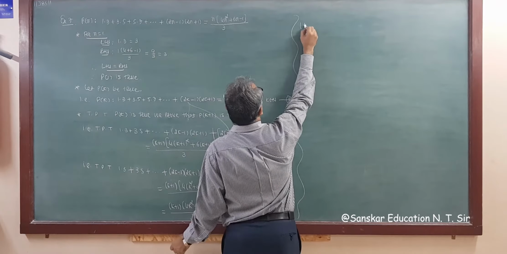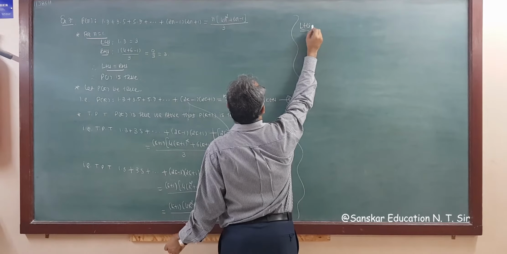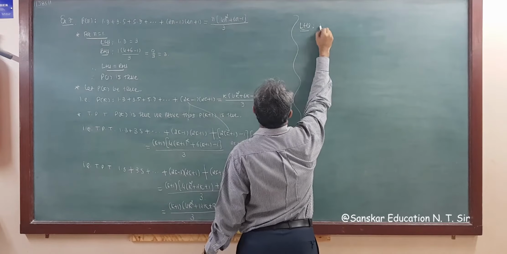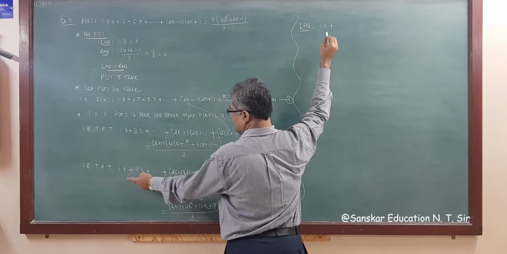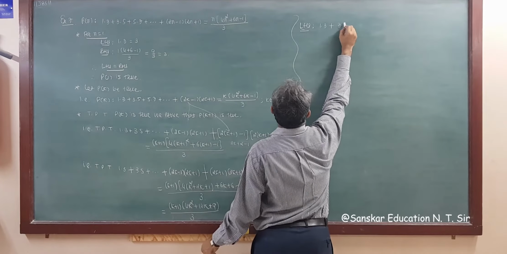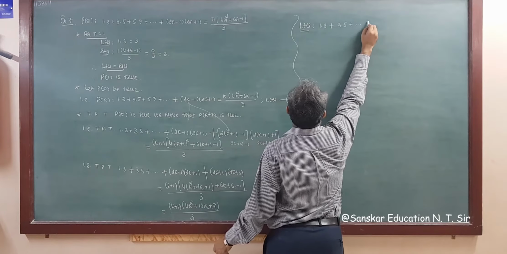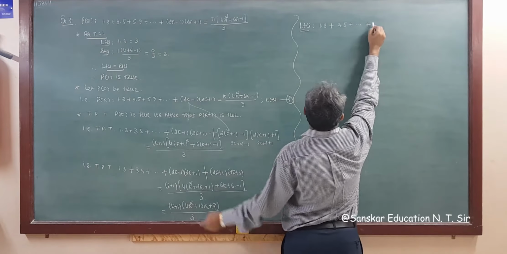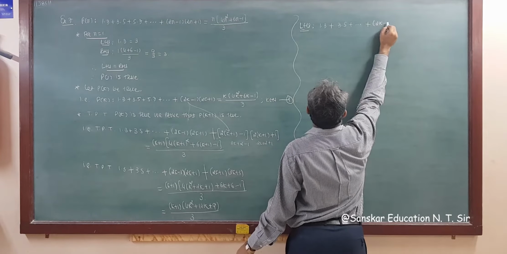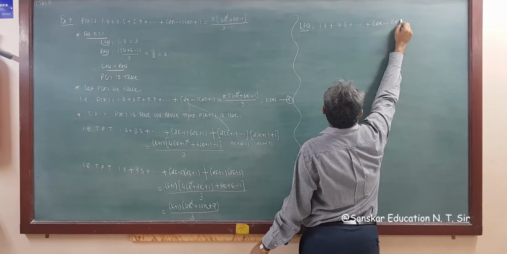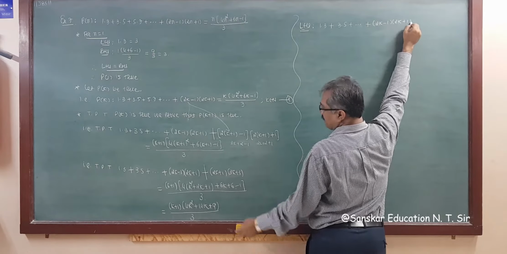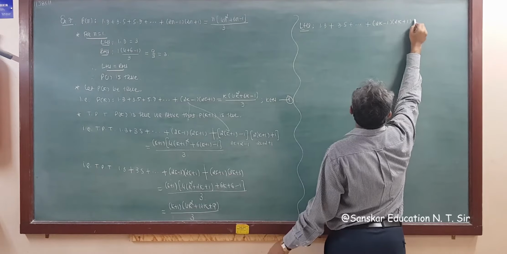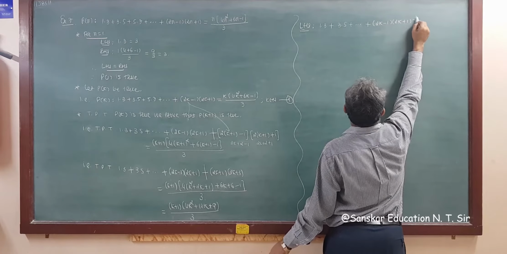Right, so left hand side: your left hand side is 1 into 3 plus 3 into 5 plus dash plus (2k minus 1)(2k plus 1), and then (2k plus 1)(2k plus 3), this is a different term.